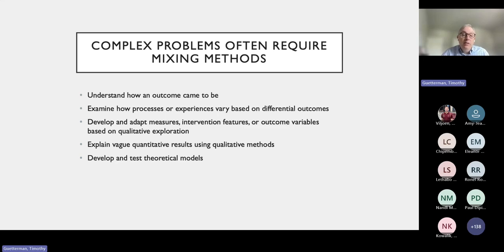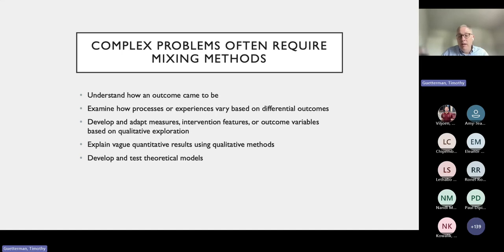Maybe instead we need to develop or adapt measures or intervention features. So maybe we have an instrument to measure something. Let's just say we have an instrument to measure burnout, but that's been developed in a UK population, and now we want to use it in Limpopo, for instance, and we want to make sure that it's culturally relevant, and we need to adapt that.